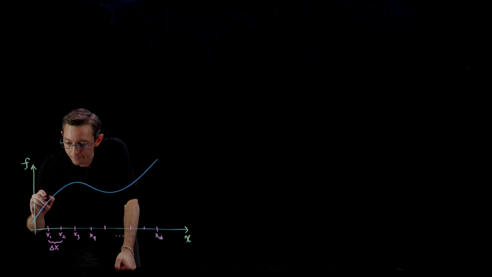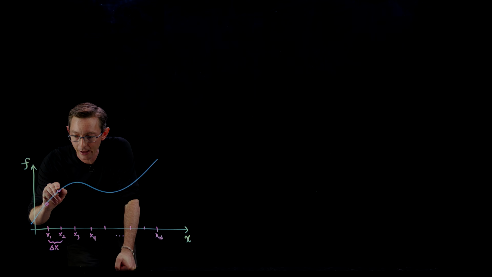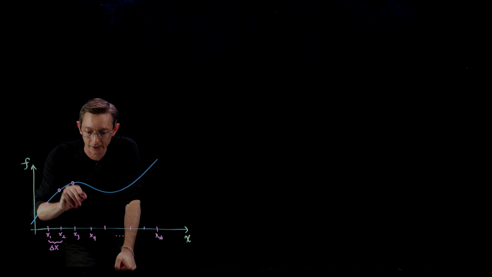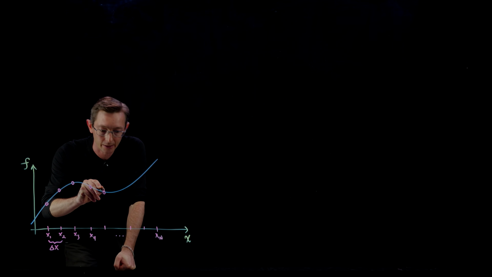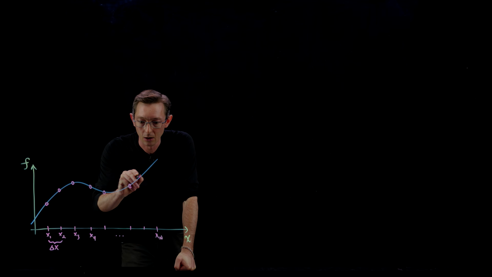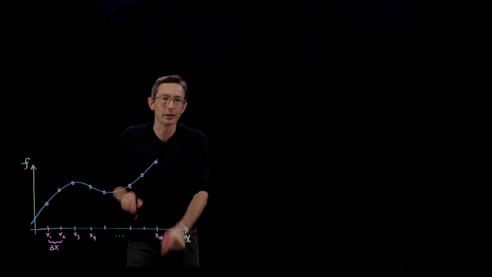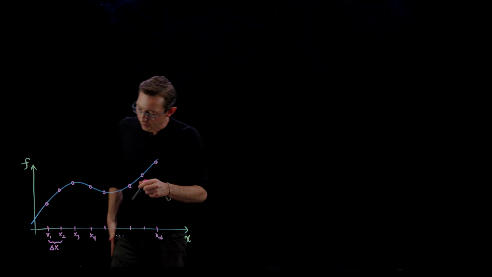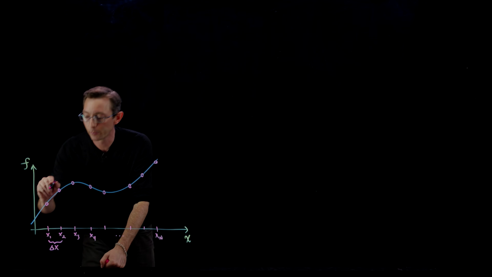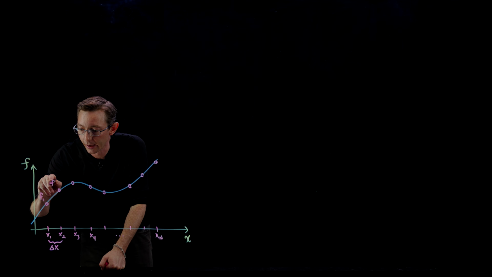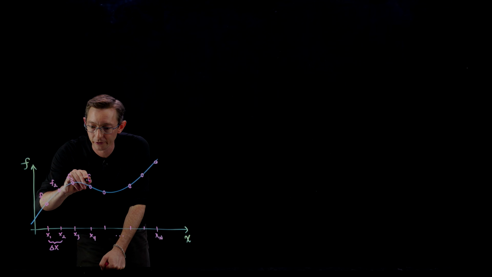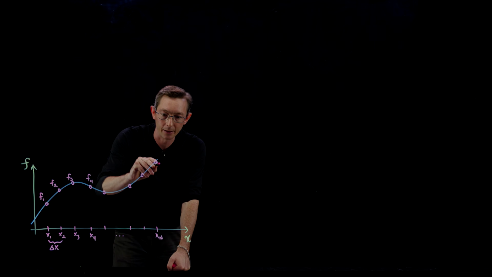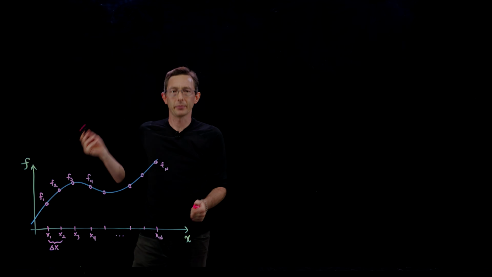And I literally have measurements of my function. I've got f at x1, f at x2, f at x3, f at x4, at x5, all the way up to my function evaluated at xN. And so I'm literally going to call these points f1, f2, f3, f4, up to fN, okay?